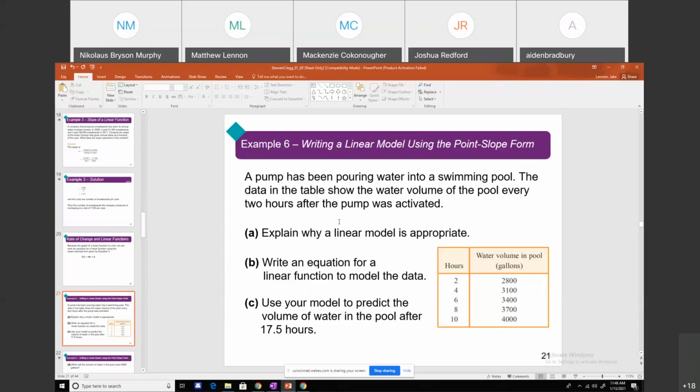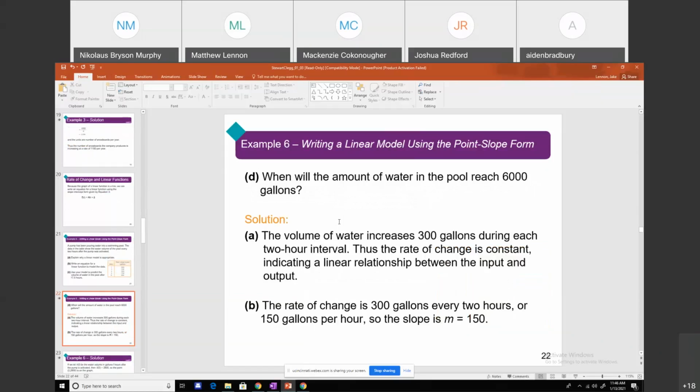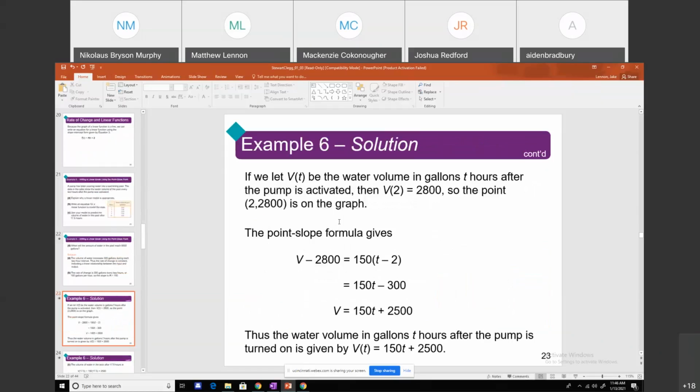And then for part C, we want to use that 17.5. It's an x value. We'll plug it into our formula, and that will give us the amount of water. So that's what we should be doing for part C. Okay, so they get their m of 150 for part B, which is good. V of 2 is 2,800.